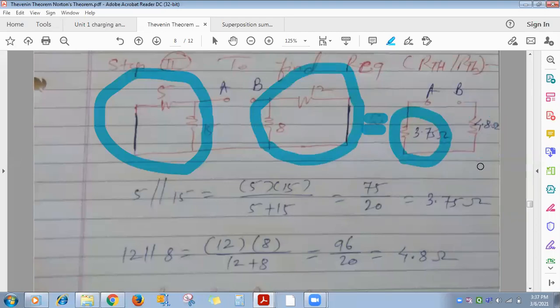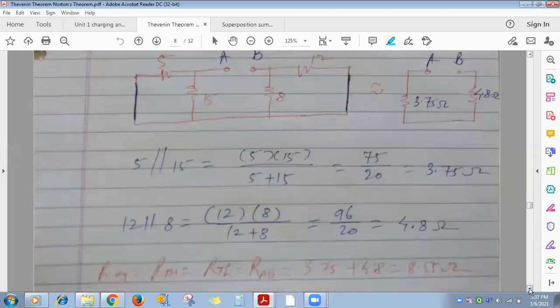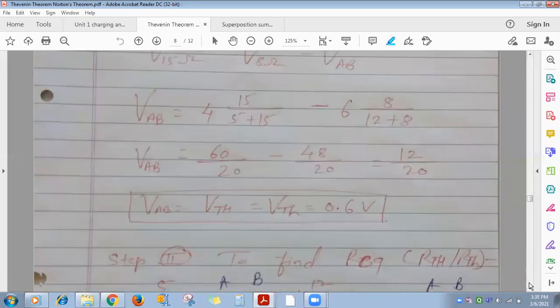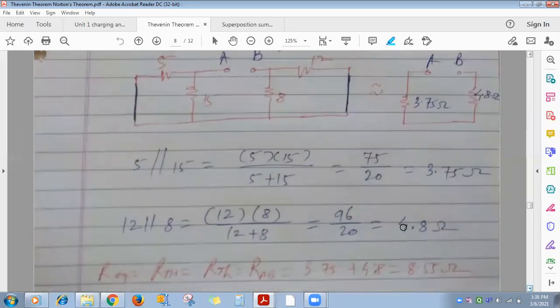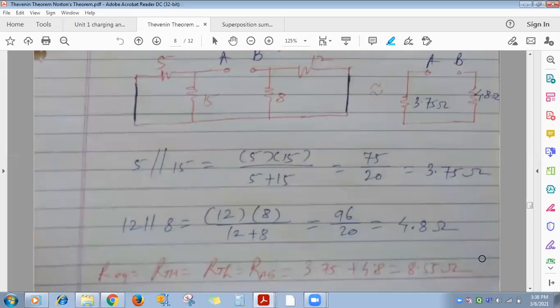Now, what about 3.75 and 4.8? How are they connected? In series. So total resistance will be the addition of these two, 8.55. Correct. So clear? See, these two are connected in series, so 8.55. Is this clear to everyone? Yes, ma'am.